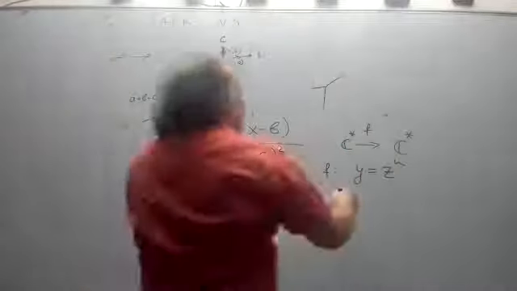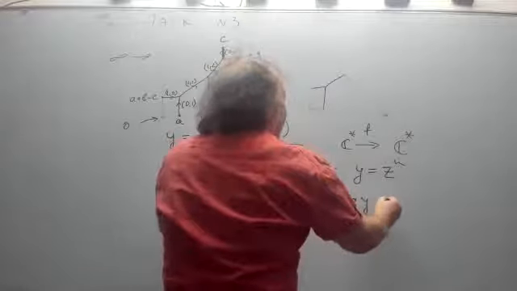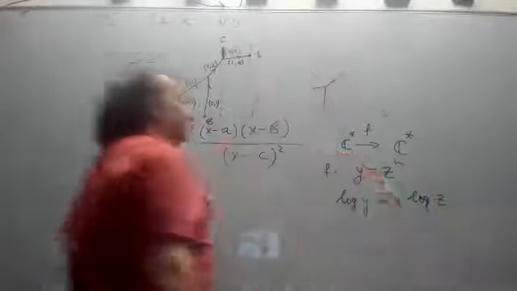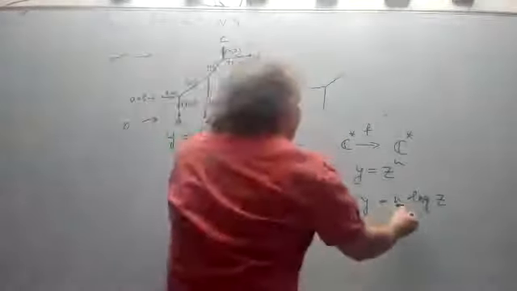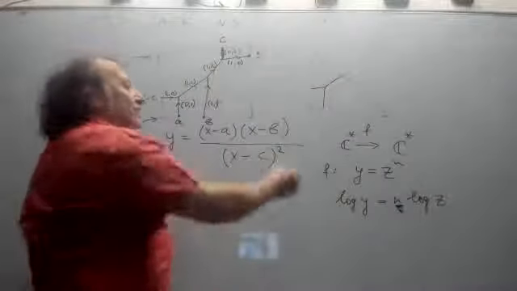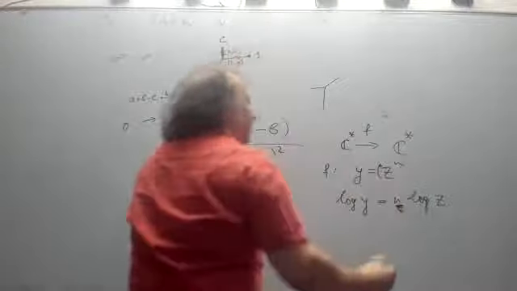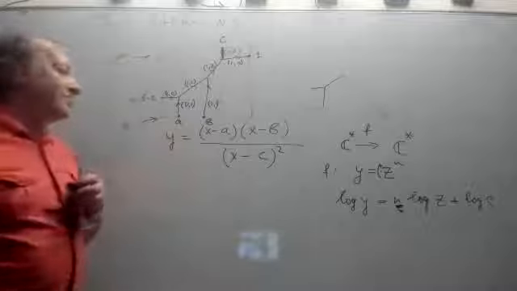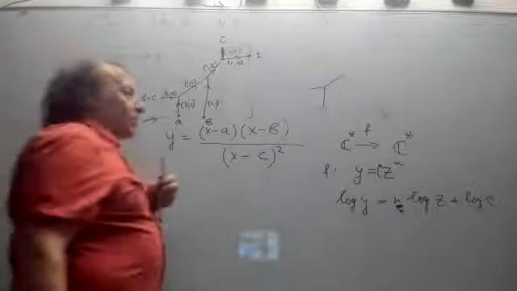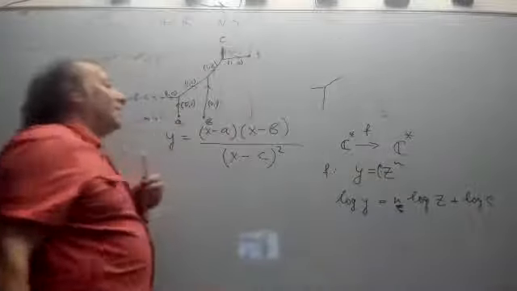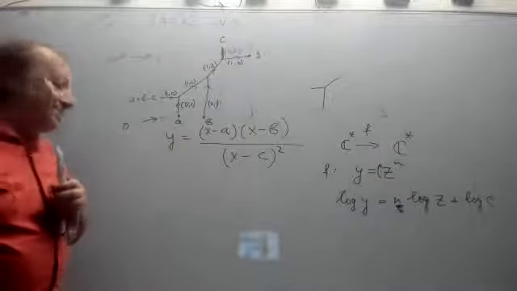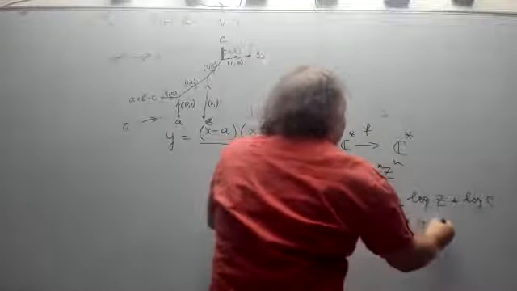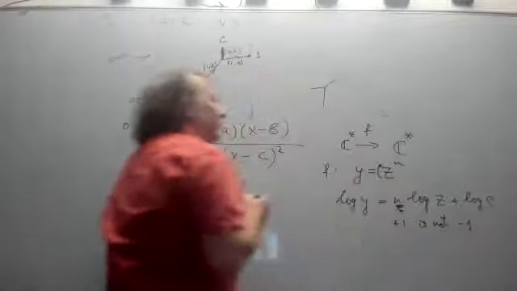In logarithmic coordinates, log y equals to what? m times log z. Here we have this m. Actually, here we can put a constant, and then we can have this shift. So here we can distinguish plus 1 is not minus 1, right?